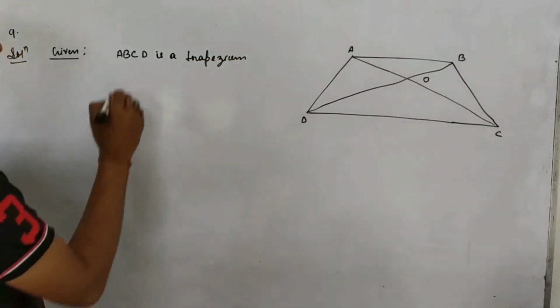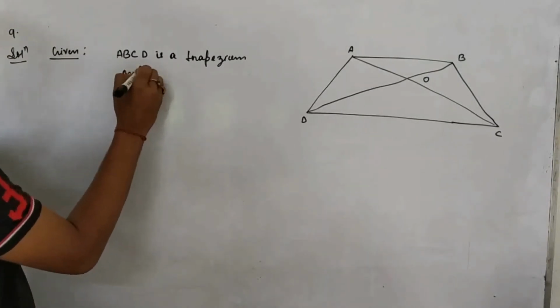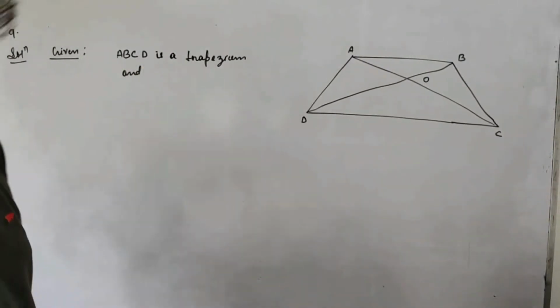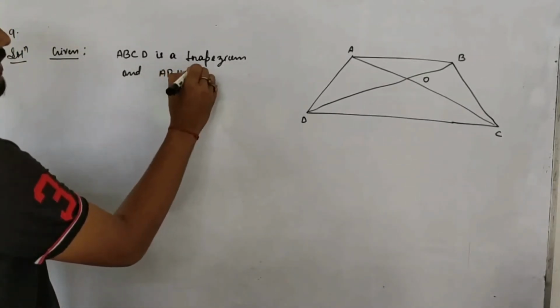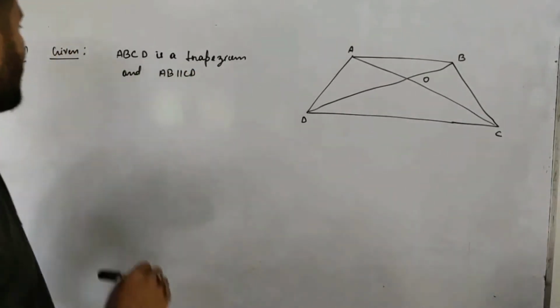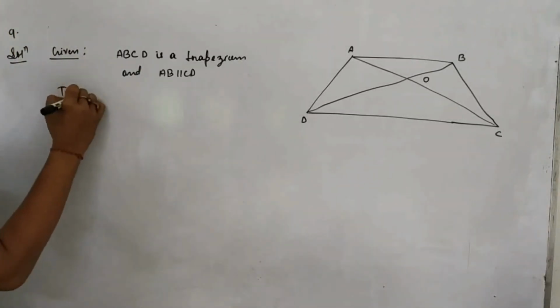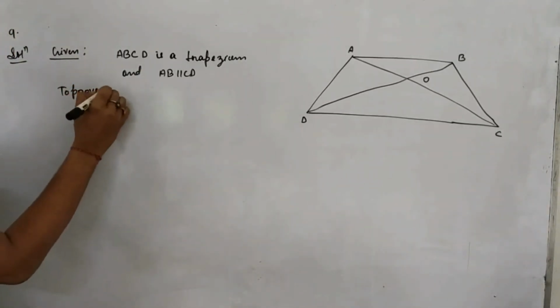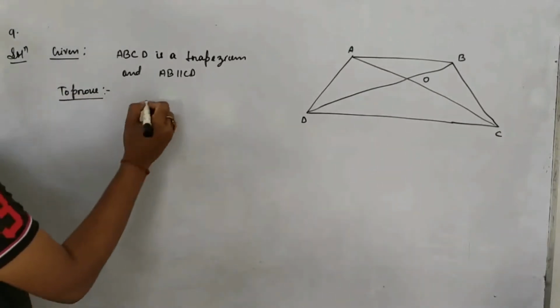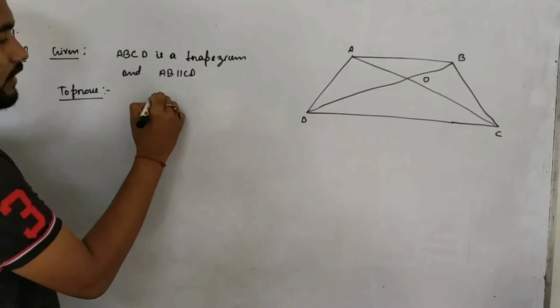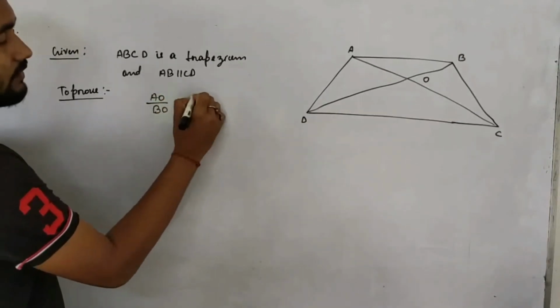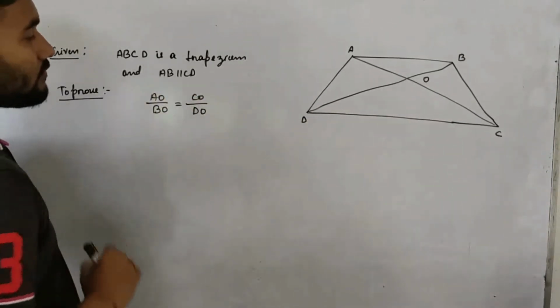And it is given AB parallel to CD. This is the other thing. What we have to prove? To prove AO by BO is equal to CO by DO, right? AO by BO will be equal to CO by DO.